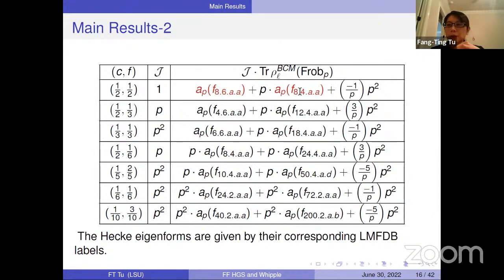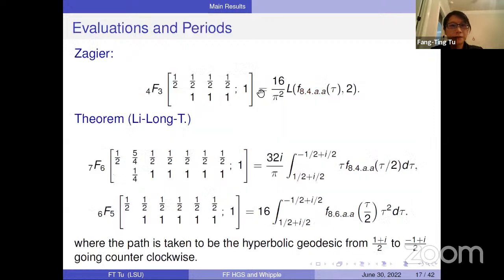As from the Whipple formula, we know that this guy corresponds to the 4F3 function in our Whipple formula, and this part is actually given by the Galois representation as we saw in the previous example. So the 4F3 value is the period of this weight 4 modular form, and as expected from the Whipple formula, the 7F6 is also related to this weight 4 modular form.